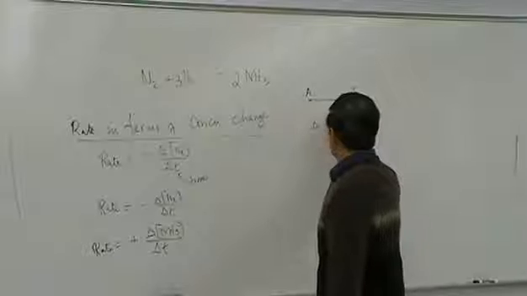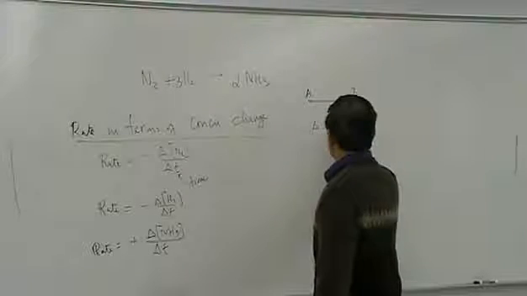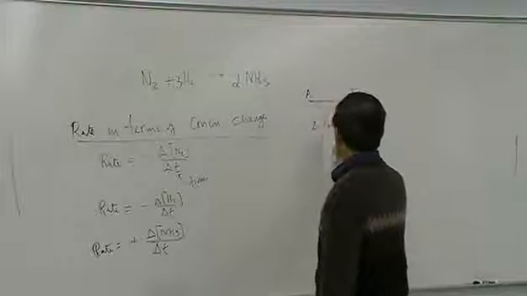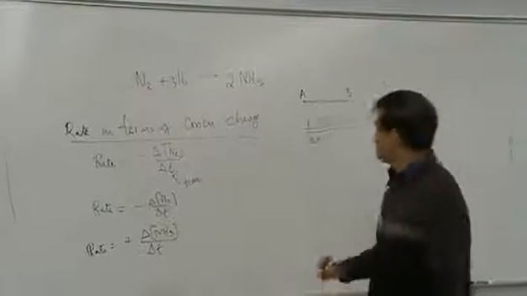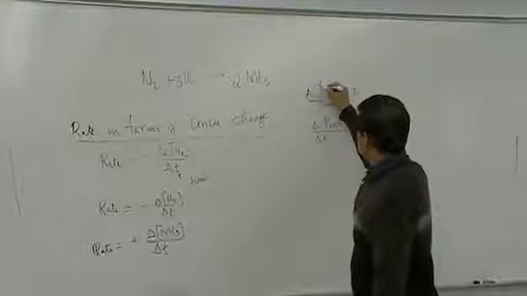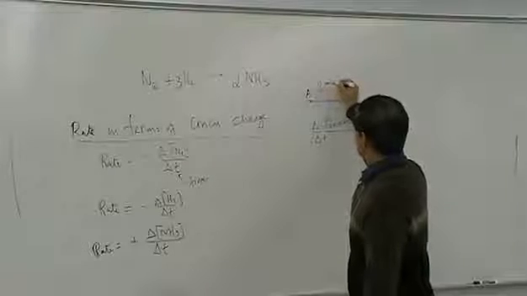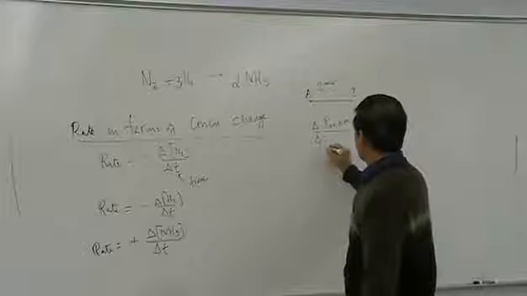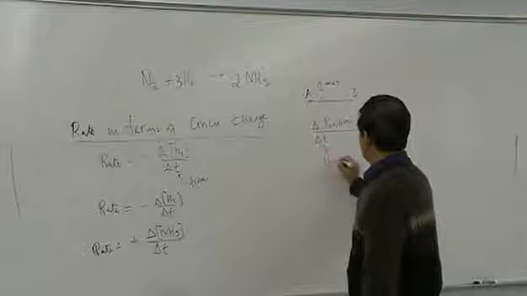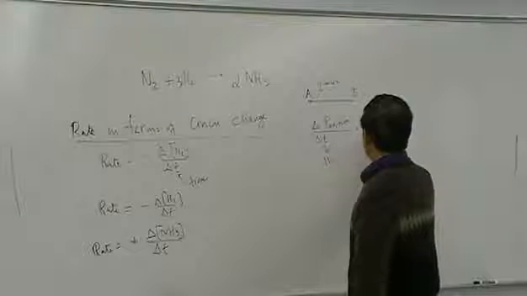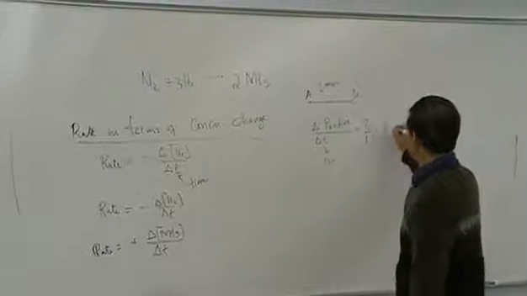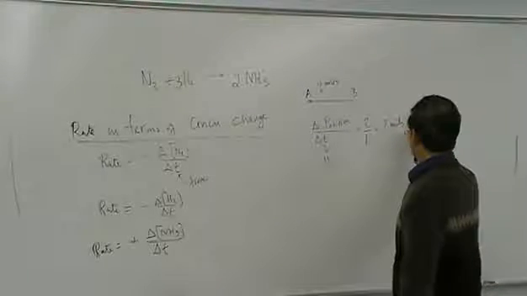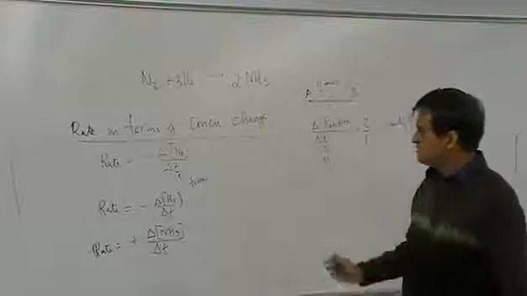Change in position from A to B divided by time. Say this is 2 miles and say time is 1 hour. So it's 2 over 1. So 2 miles per hour is the rate.